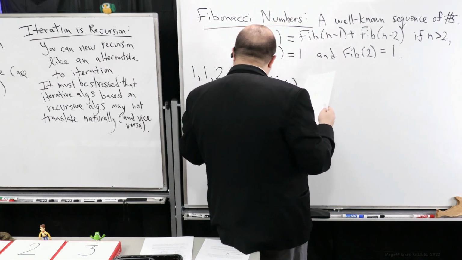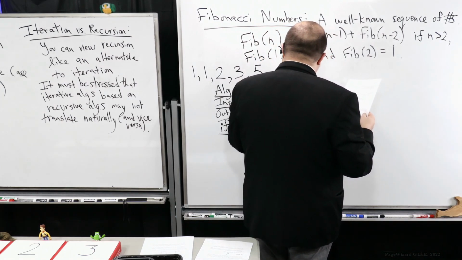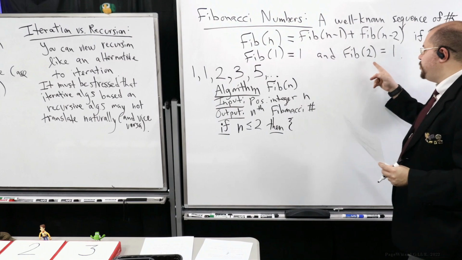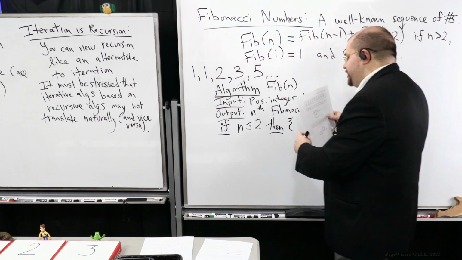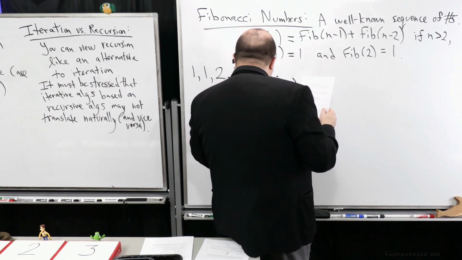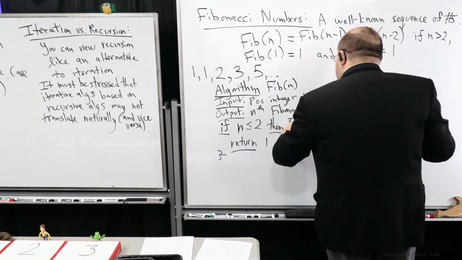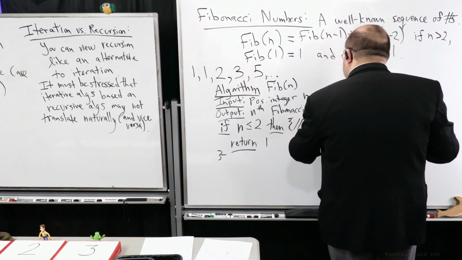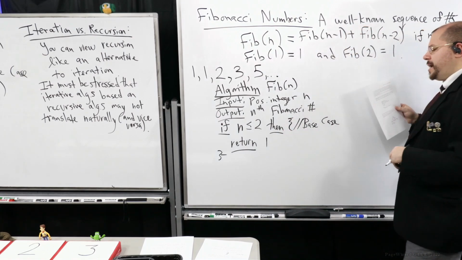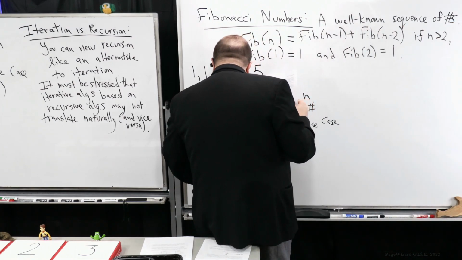So if n is less than or equal to 2, then we know the answer to the question, right? Fib 1 and fib 2 are both 1. So I'm just going to return 1 in this case. Piece of cake. That's your base case. Otherwise, we have the recursive case.